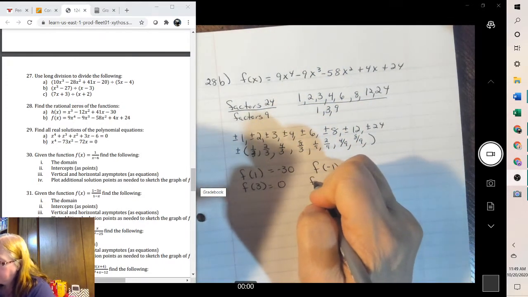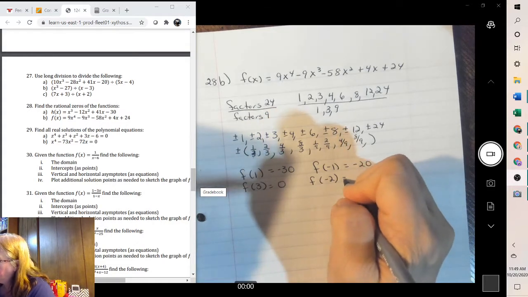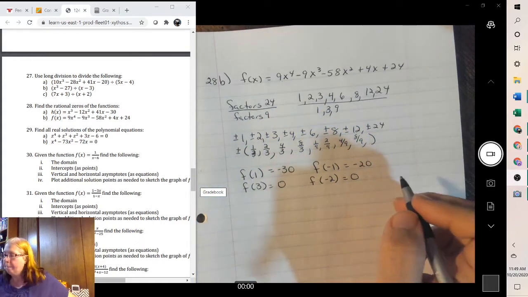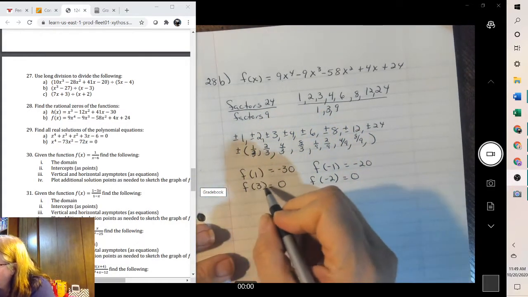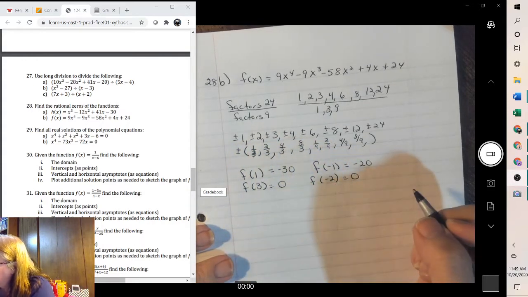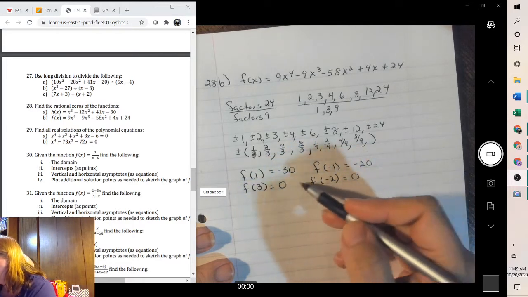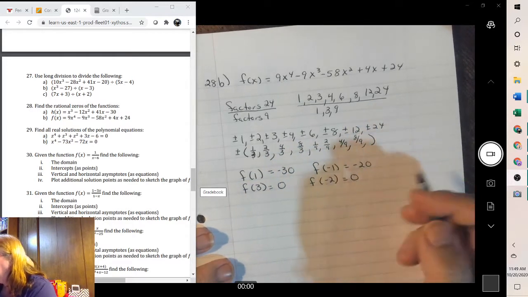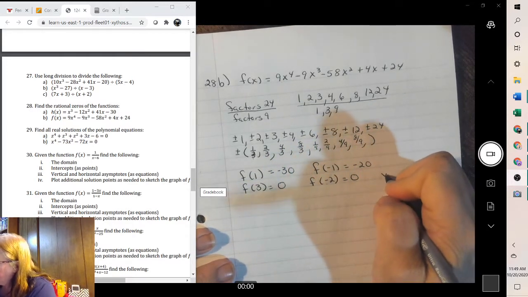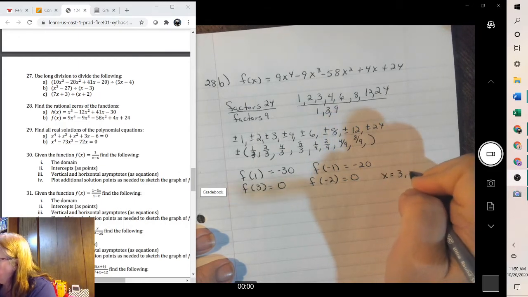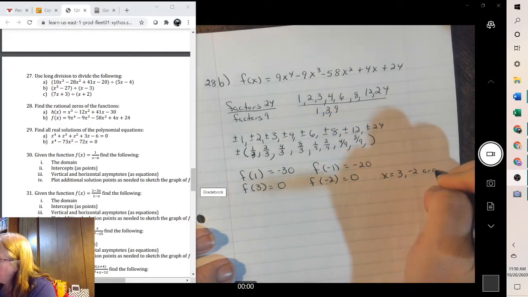And I also plugged in negative 2, and it gives me 0. So I can divide by both of these. If you want to plug in a few of them and see which ones give you 0, then you found some of them already. So I know that x equals 3 and negative 2 are zeros.